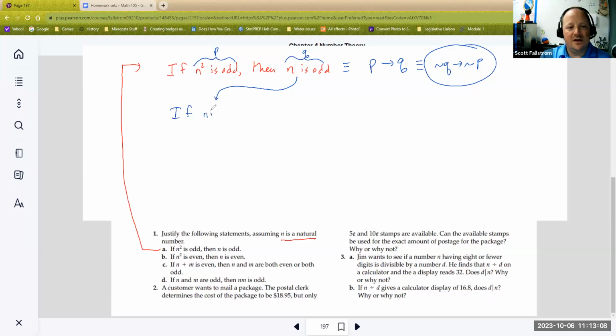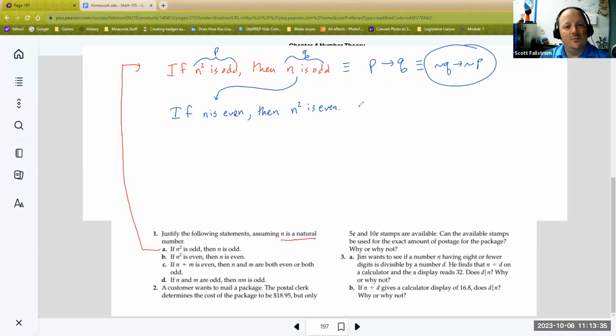If n is not odd, well, if it's not odd, it must be even because we're dealing with natural numbers. So if n is even, then what? Then, I'm negating it. That's why I said it is not odd. Then I need n squared to not be odd. So I want to say n squared is even.